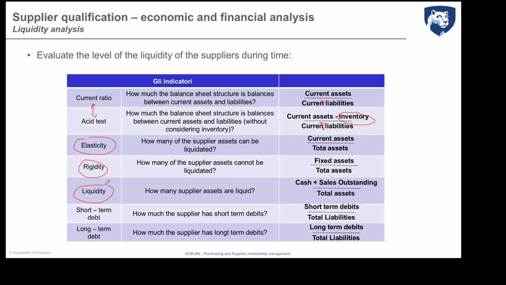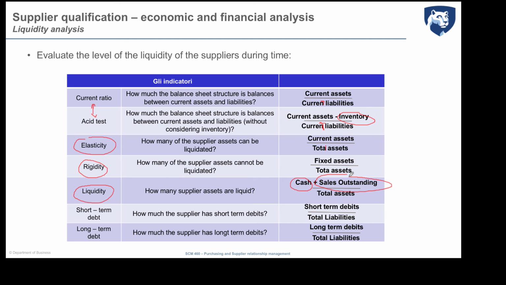Here instead liquidity. So how many supplier assets are already liquid? So are already money, cash. So how much money do I have in cash? There is a cash line in the balance sheet. If you look at the assets, after the cash, then you have sales outstanding. So these are all the revenues that I have generated on the market, which still need to be paid by the customer.